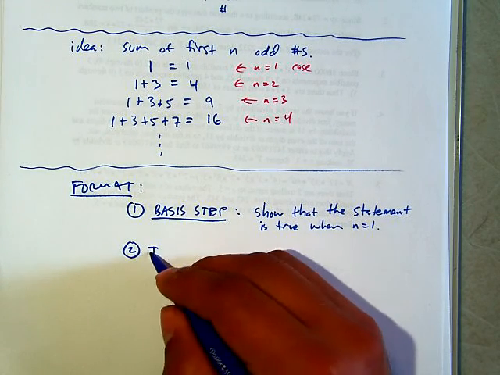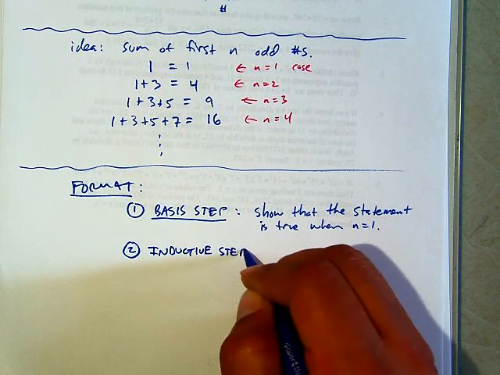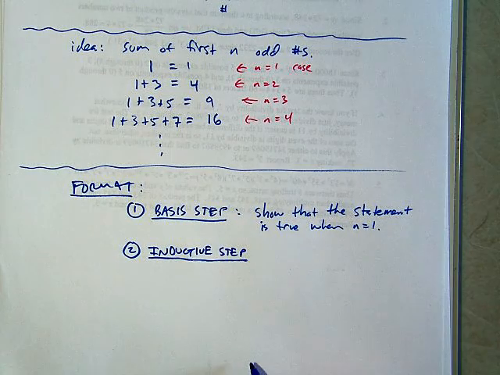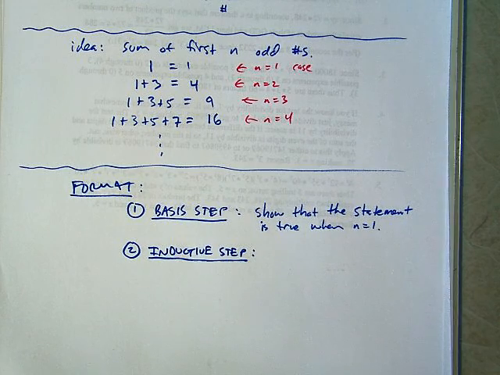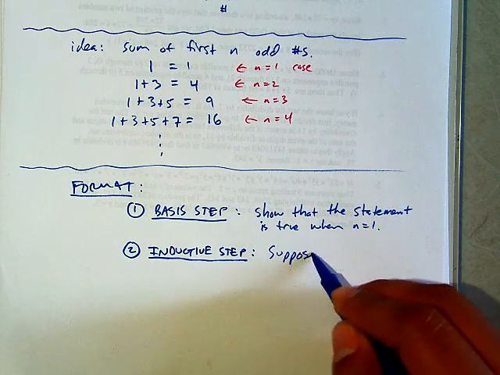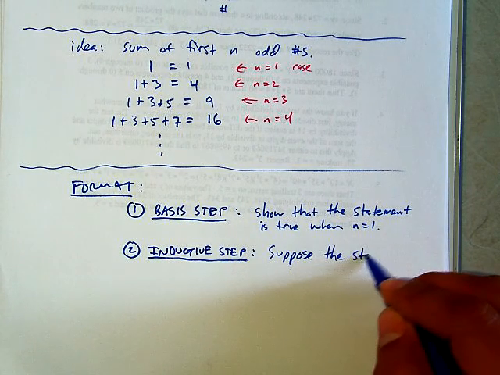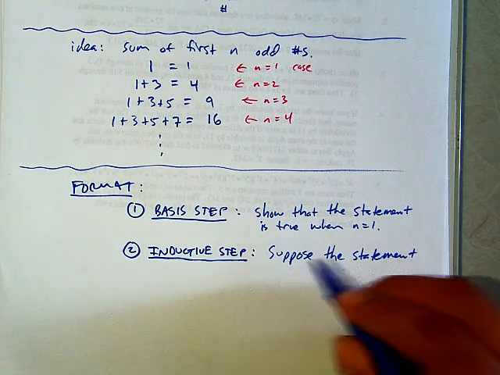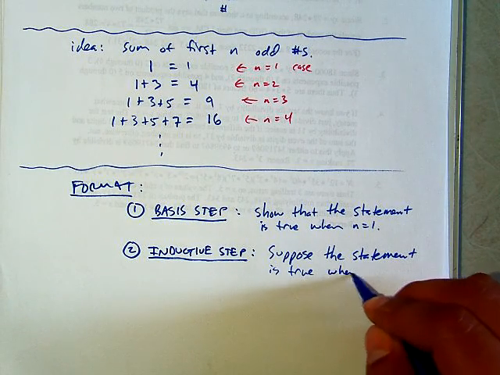The second step is called the inductive step. Okay, and this is the part that's more involved. Okay, you're going to suppose that the statement is true when n equals k.